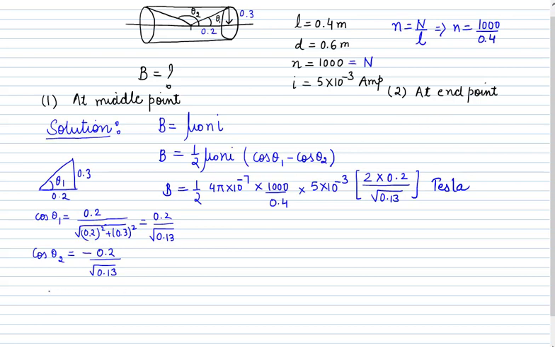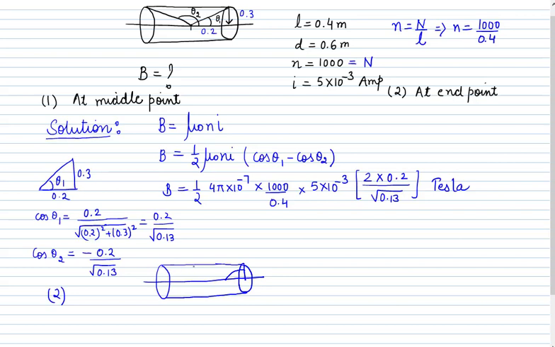So we'll go to the second point, that is at the end point. So if we go to the end point, then we have to join these two. So I'm drawing it once more. So this is the axis of the solenoid. So here if you take the end point, then one angle with the axis, first angle will be this. So this is always 90 degrees, that is a perpendicular angle.